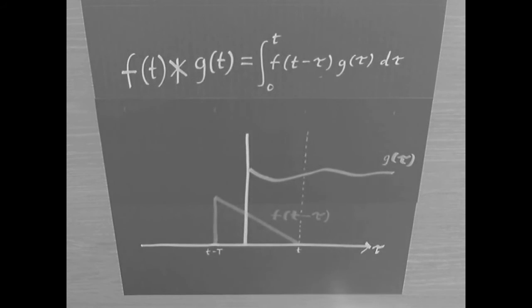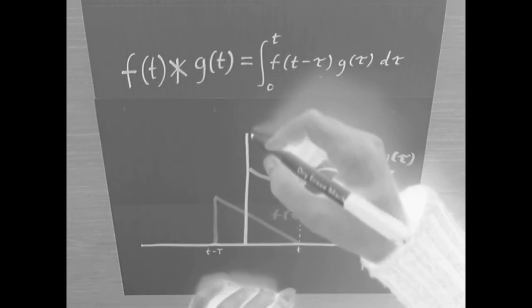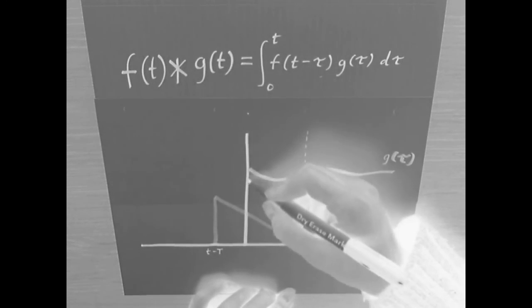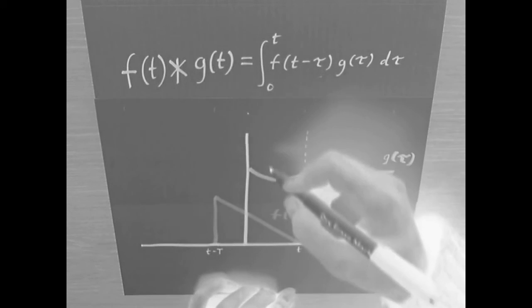So we'll want to graphically represent the multiplication of f of t minus tau with g of tau, and that will look something like this, whereby we first start off at some high point on the y-axis, because that is a multiple of these 2 points, and we will finish up at 0 at tau is equal to time t.